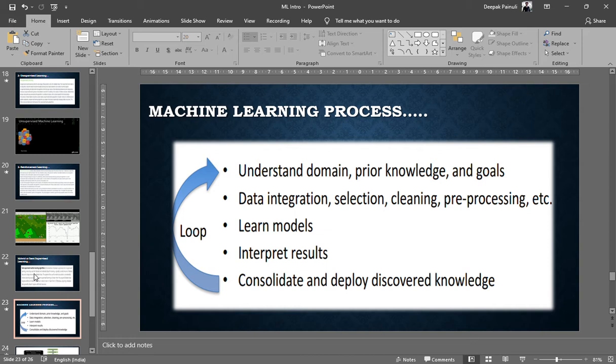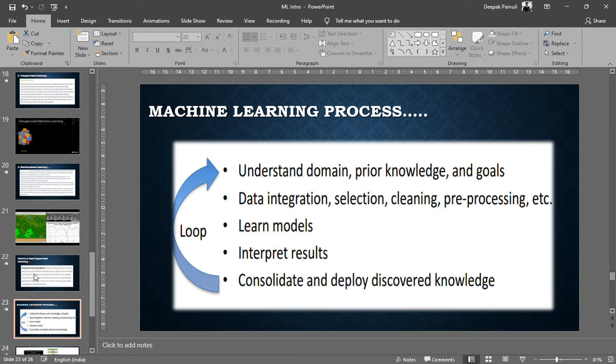Let's say I am going to classify lung cancer images into non-cancerous and cancerous. That means I need to know that a lung cancer image looks like this, and a non-lung cancer image looks like this, right? So before starting the machine learning process, you need to understand for which domain you are developing the model. So the first step is knowing your domain.